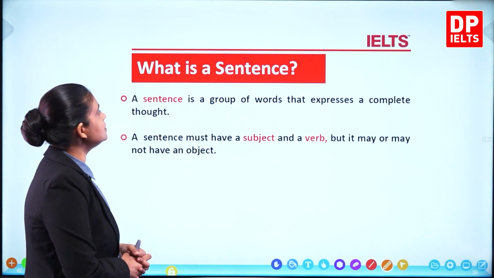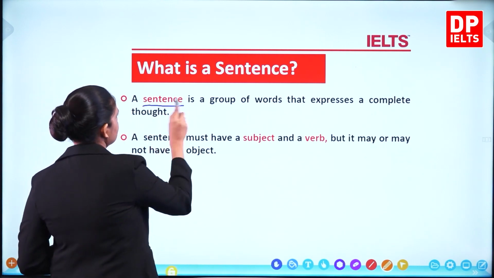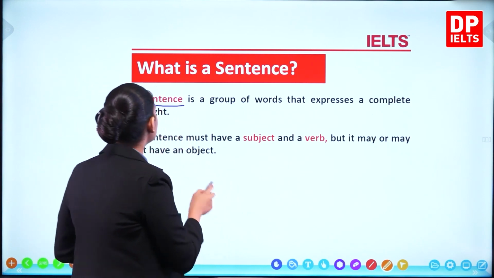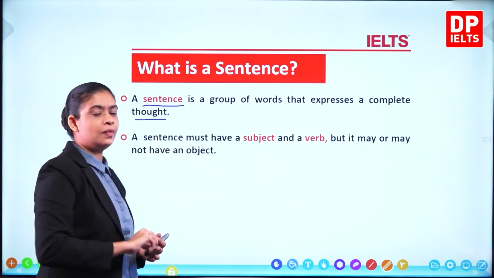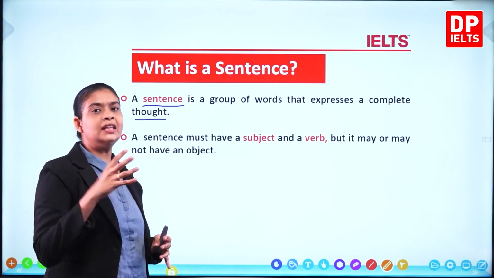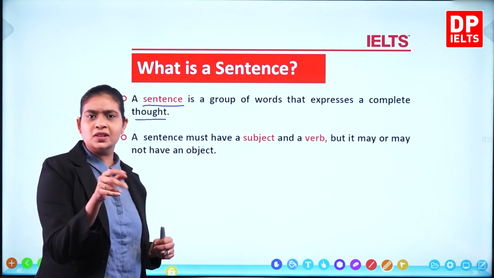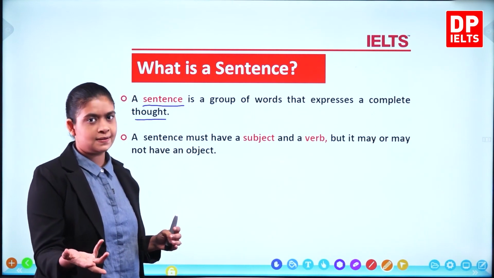What is a sentence? A sentence is a group of words that expresses a complete thought, right? So it means you can't have an incomplete thought. Then that is when we say, that's not a sentence, that's a phrase. It's an incomplete sentence.